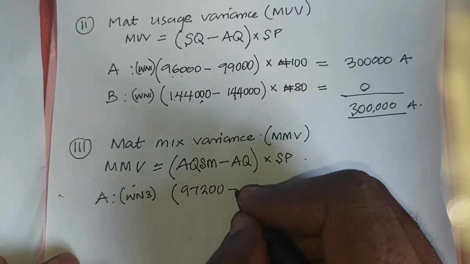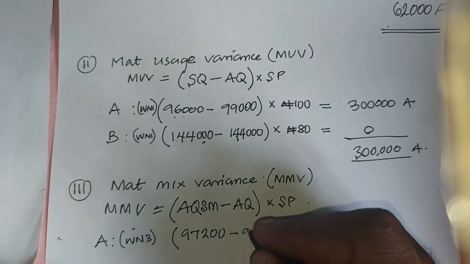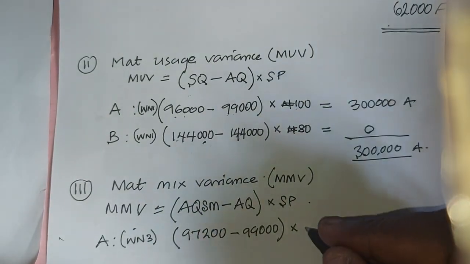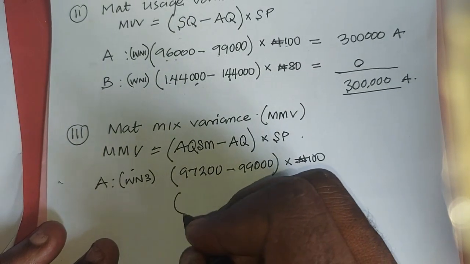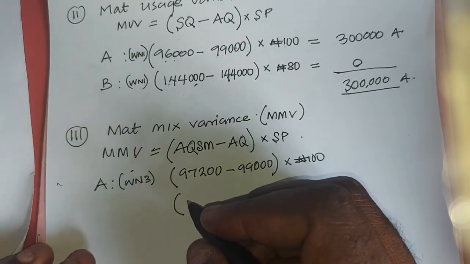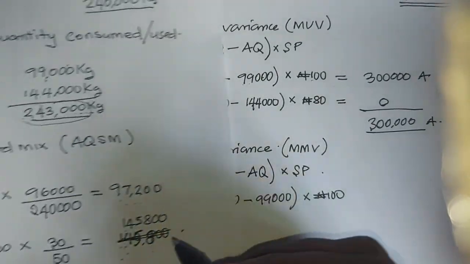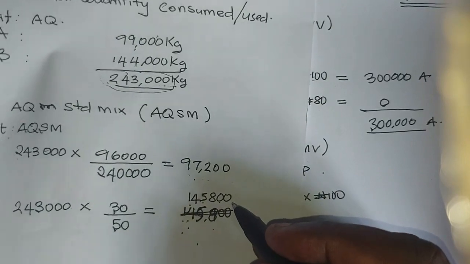So for A now is 97,200 minus actual quantity. This is actual quantity 99,000. Then multiply by the standard price 100. Then we have actual quantity in standard mix 145,800. All right.